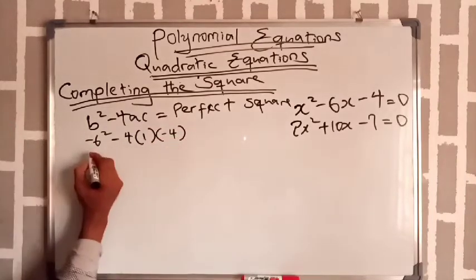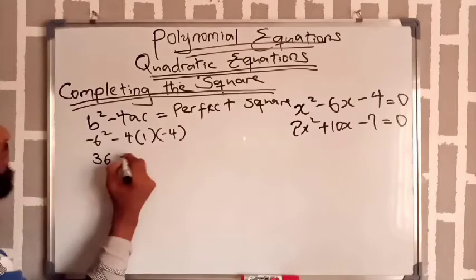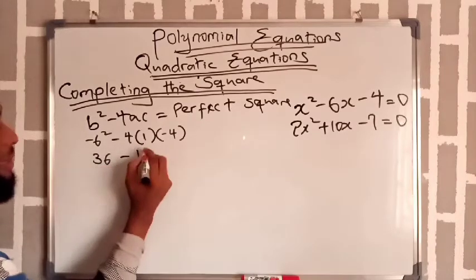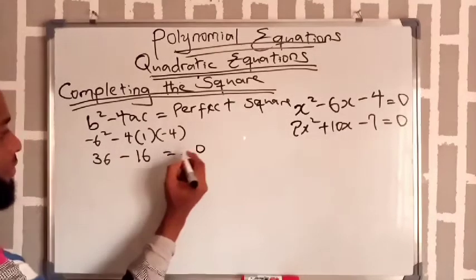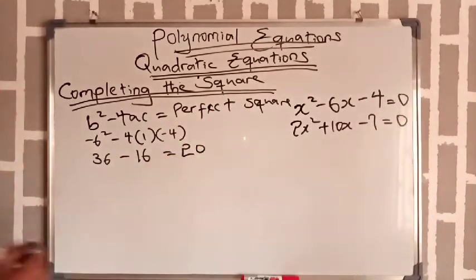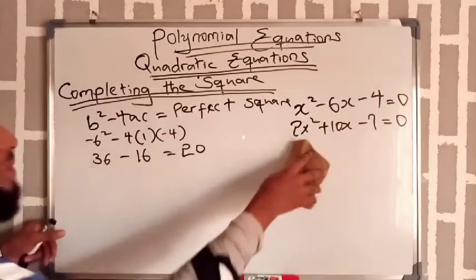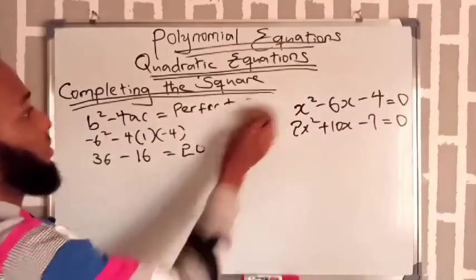This is 36 plus 16, which gives 52, and that isn't a perfect square. So this is why you will have to apply the completing the square method, because you won't get a perfect square.